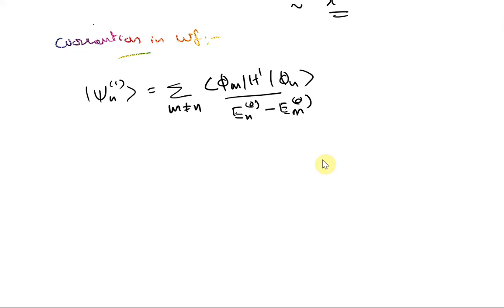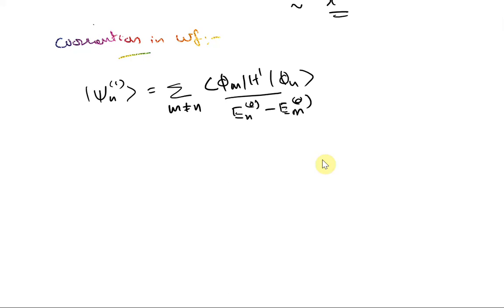So the terms which are going to contribute, how do you understand that? You know these are the unperturbed states of the harmonic oscillator. When h prime is acting on the state phi n, any value apart from phi m that you get here is going to be 0, right?